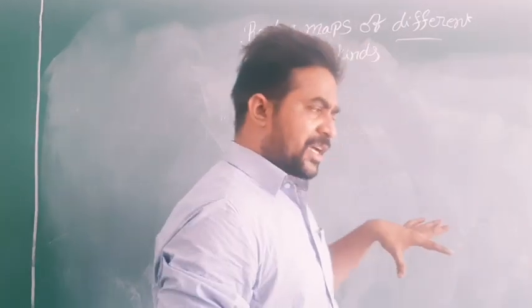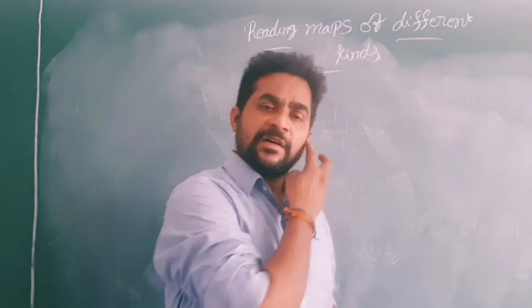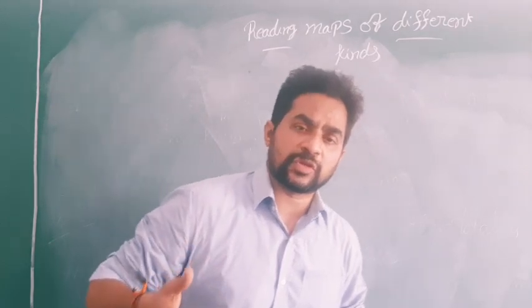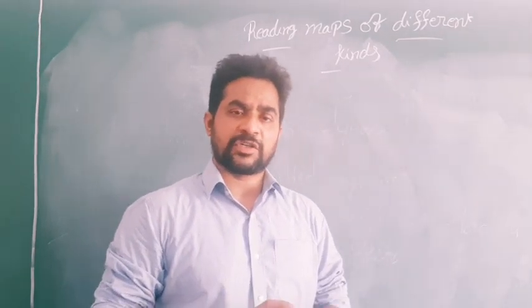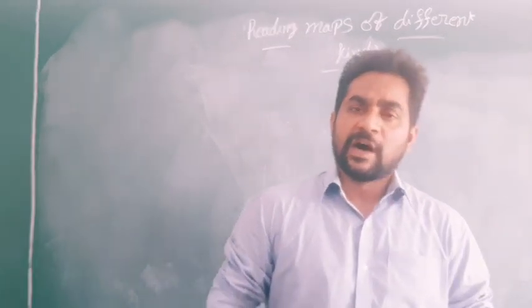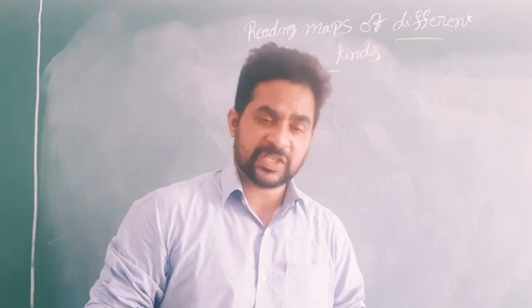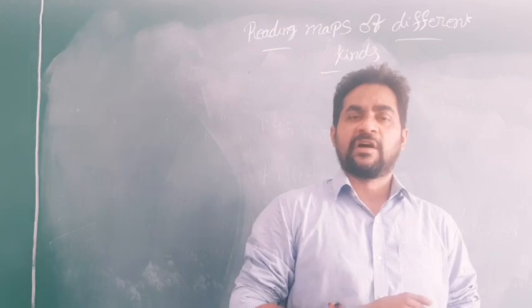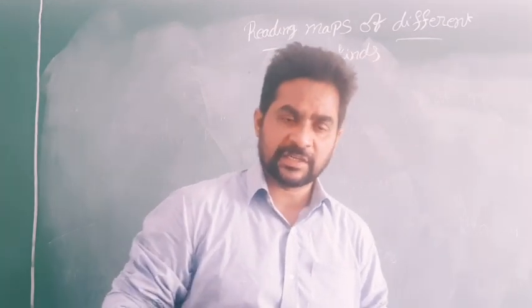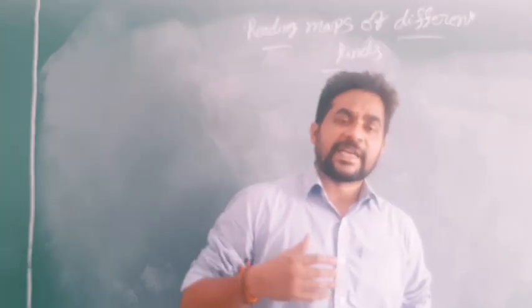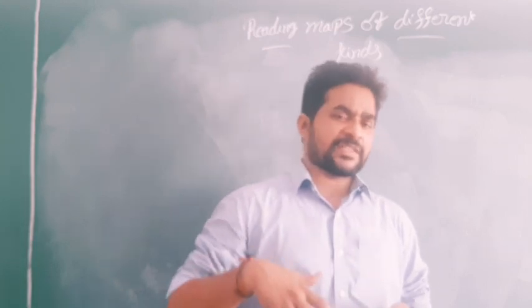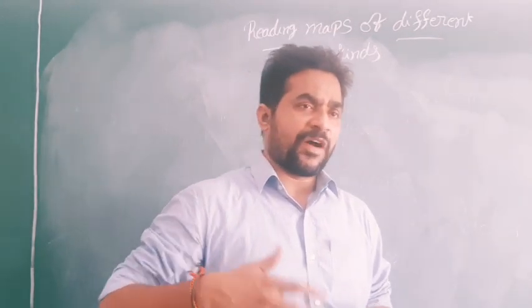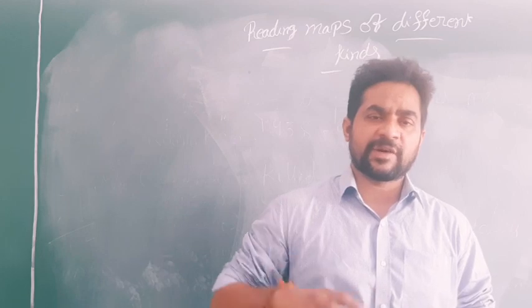In the last year we learned that to know about high temperature or low temperature, weather changes, climatic changes and rainfall, hot or cold temperature and about the desert regions, all these things, if you want to know about them, we require maps.